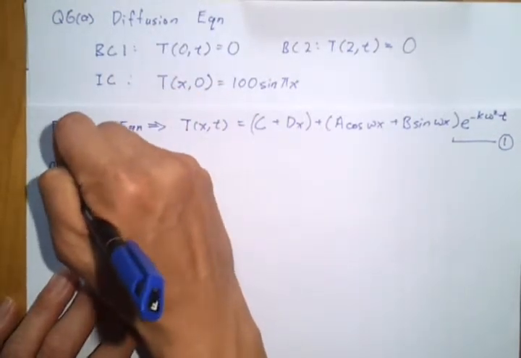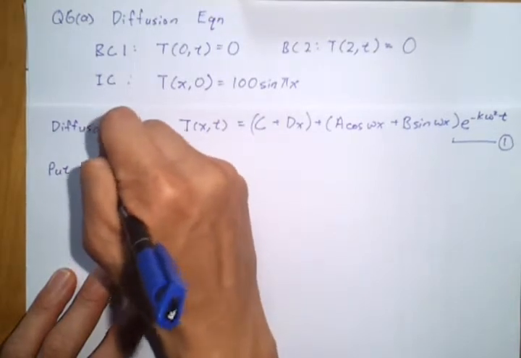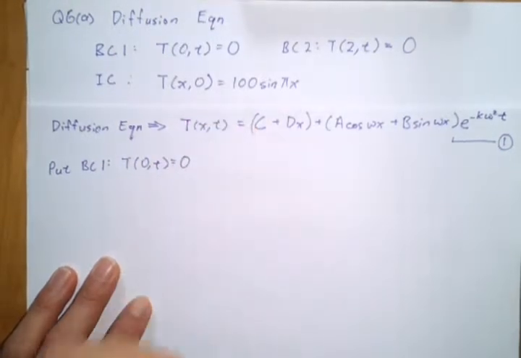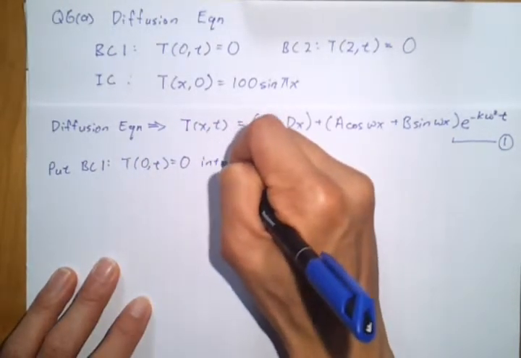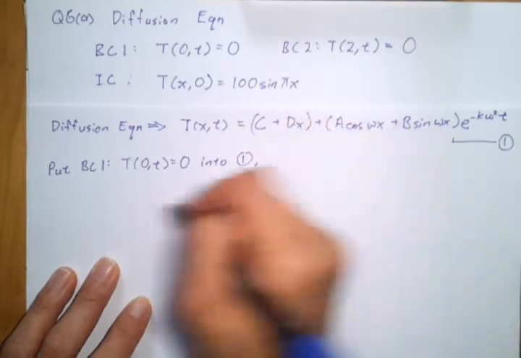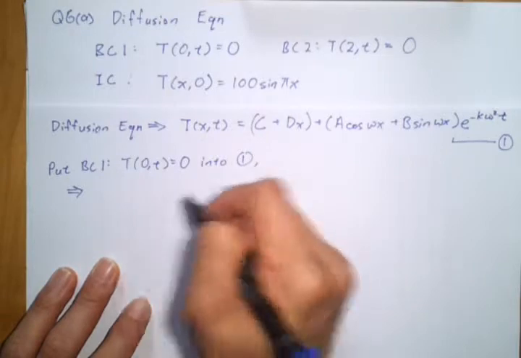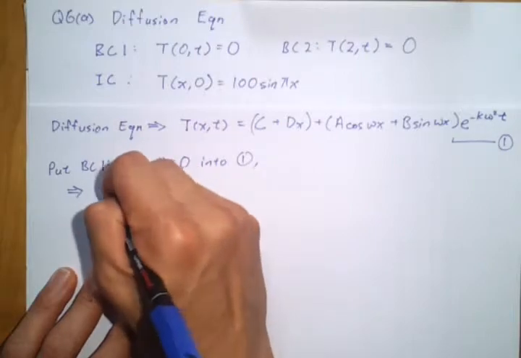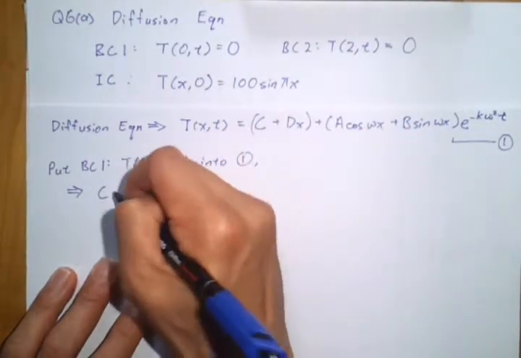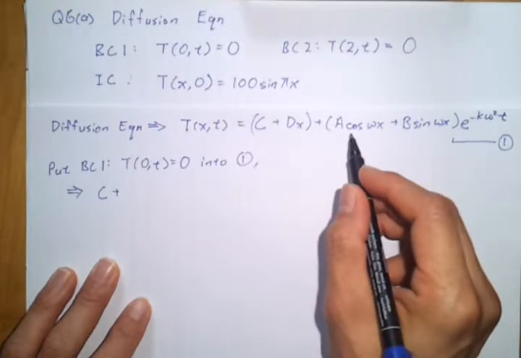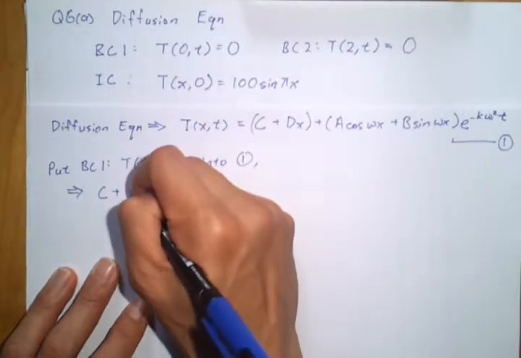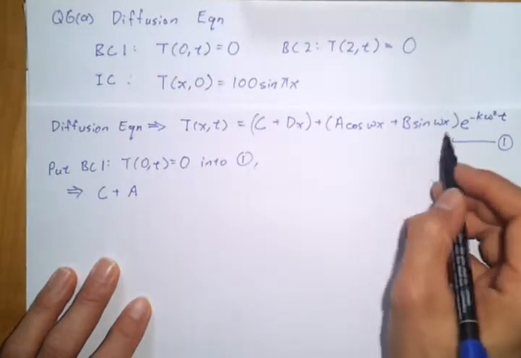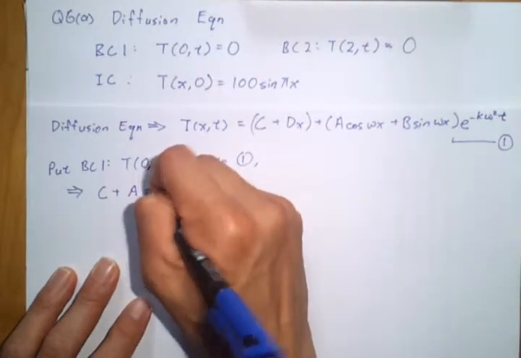So I'm going to put boundary condition 1, which tells me that big T is 0 at x equals 0. Put it into solution 1, so I'm just putting x equals 0 here, here, and here, so we get C. Dx becomes 0, plus a cos 0 is just a, plus b sine 0, so this term is also 0, so we just get this.